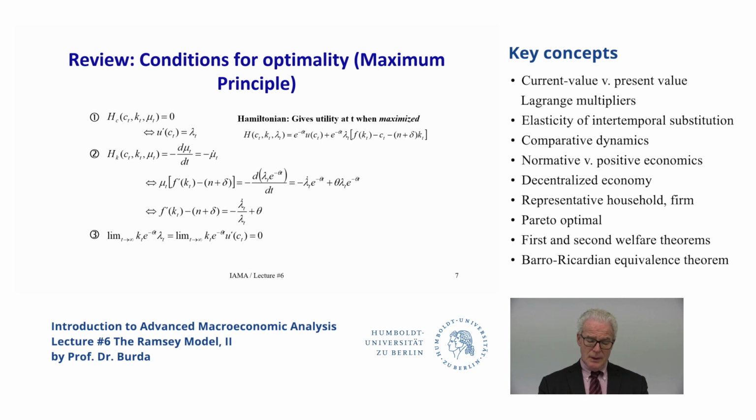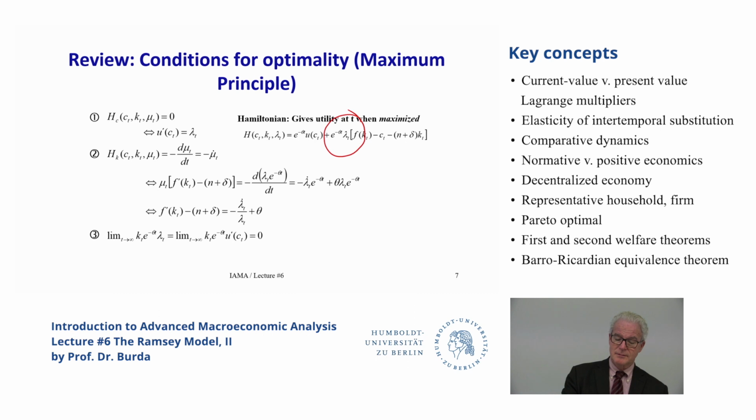The second first order necessary condition involves the present value of the co-state variable, which is not the same thing as the current value, and we discussed that last week. So the functional that we would be concerned with would actually have this discounted value of lambda in period t, where the discount factor is e raised to the minus theta t.